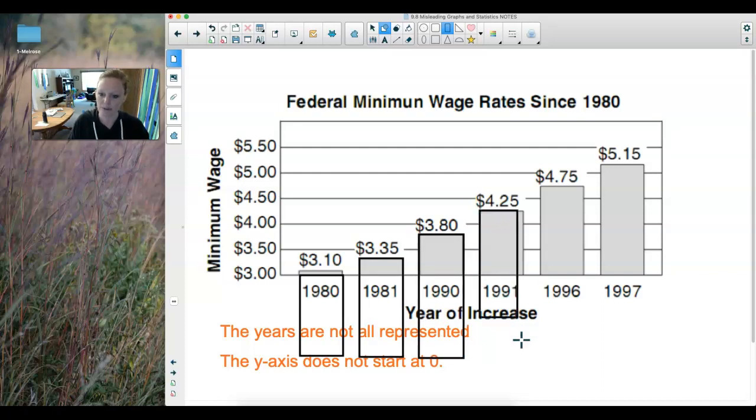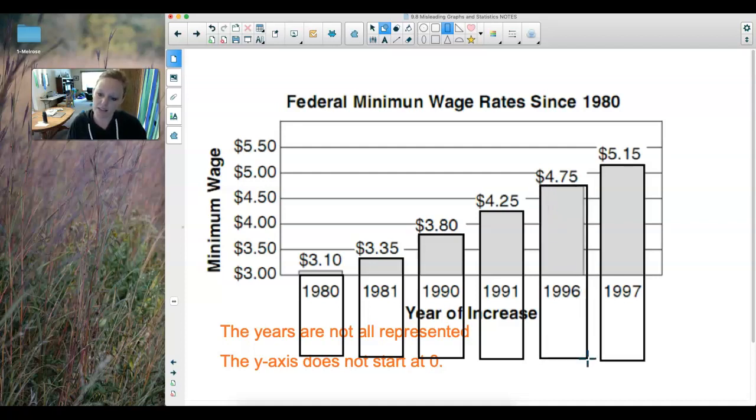And notice, if the bars are that big, they don't look like there's quite as big of a difference between the first one and the last one. The last bar then only looks a little less than double the size of the first one instead of like quadruple the size. Now, maybe you'd ask yourself, why would companies do this? Okay, they would probably do this because they want people to believe that wages have been increasing drastically over the last so many years, but really it hasn't gone up that much.